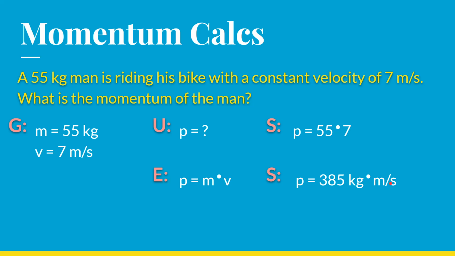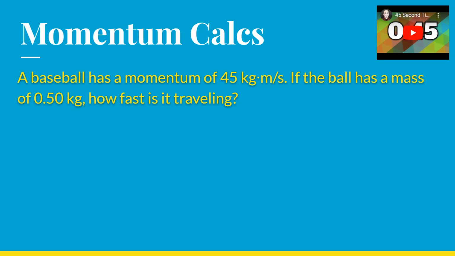So again, this math should be pretty easy because it's just 3 variables today. We're going to obviously be adding more, but for now, for today's assignment, I don't think you're going to find the math too tricky. All right, let's try this one. A baseball has a momentum of 45 kilogram meters per second. If the ball has a mass of 0.5 kilograms, how fast is it traveling? I'm going to give you guys a moment to see if you can answer this.